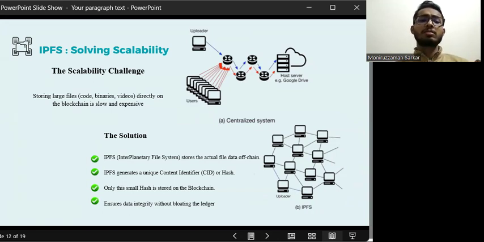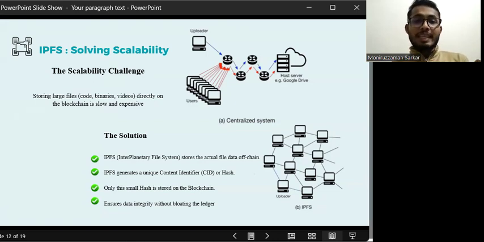Here, this problem is solved by using IPFS. When large data or large files are stored in the blockchain, it becomes very slow and very expensive. It is very expensive to process.